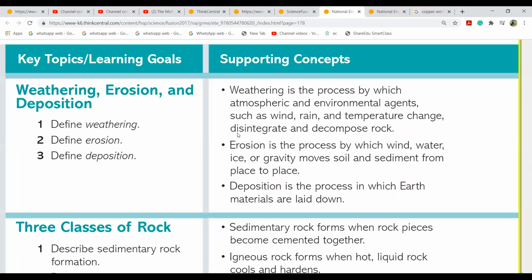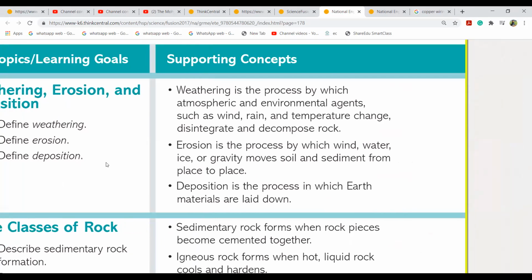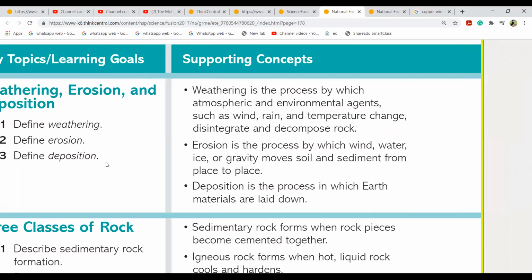Now, the rock cycle is what we have already done: weathering, erosion, and deposition. When I'm talking about weathering, what am I supposed to draw here?